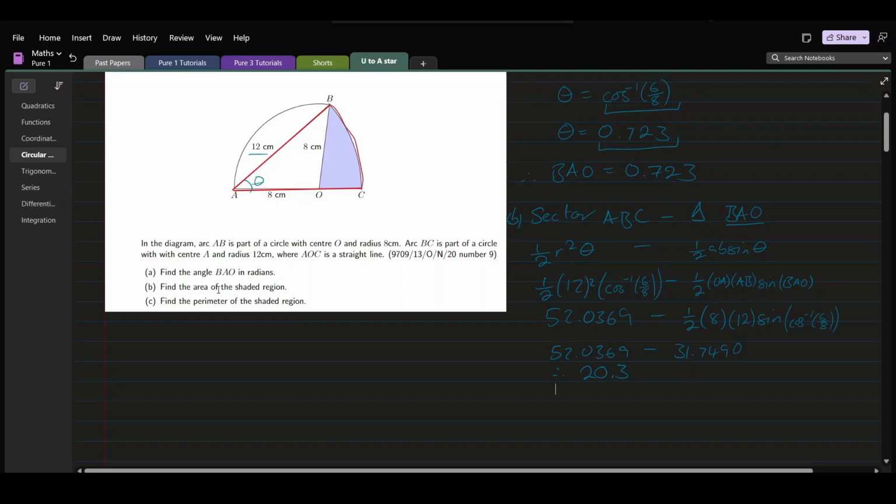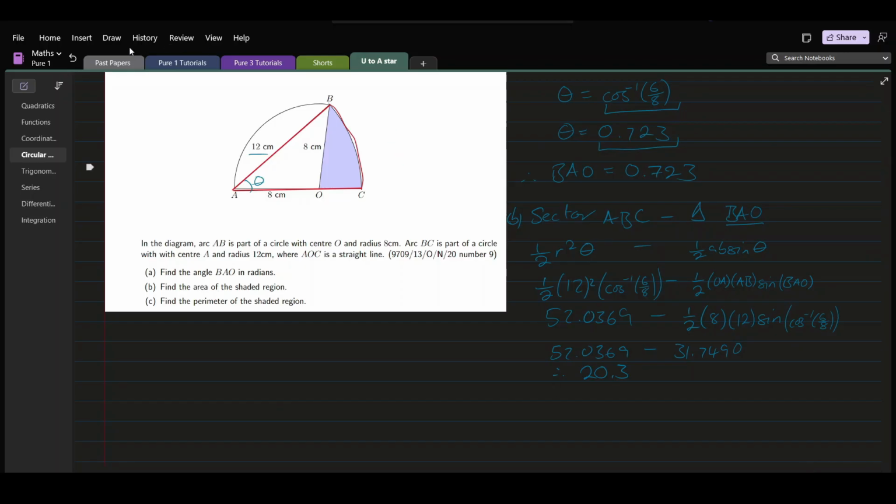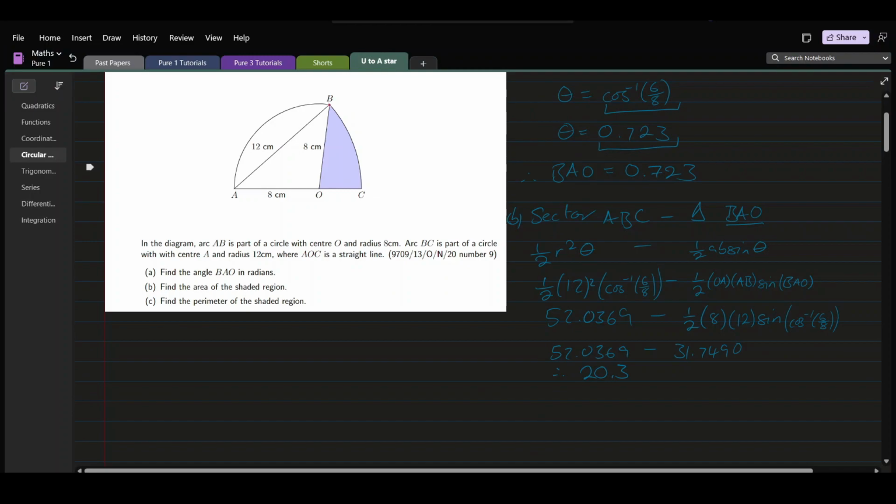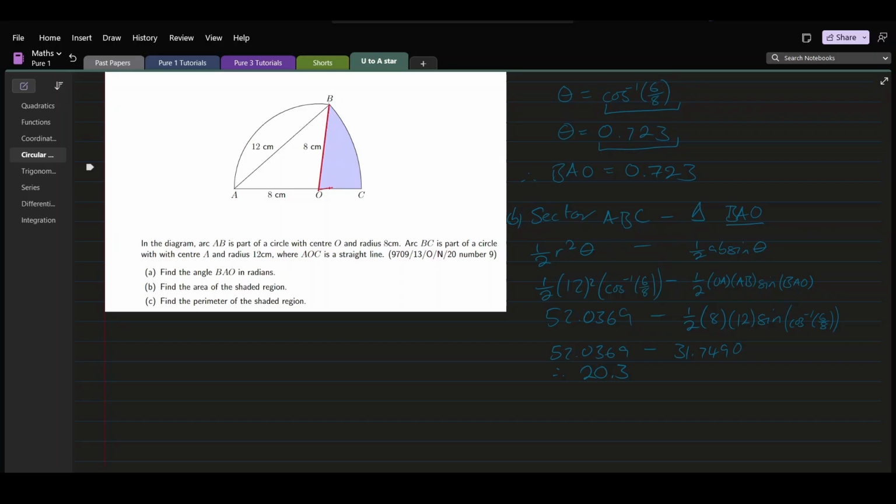Find the perimeter of the shaded region. Okay, let's just clear our diagram. So the perimeter of the shaded region consists of this line OB, and then OC, and then the arc BC over here.